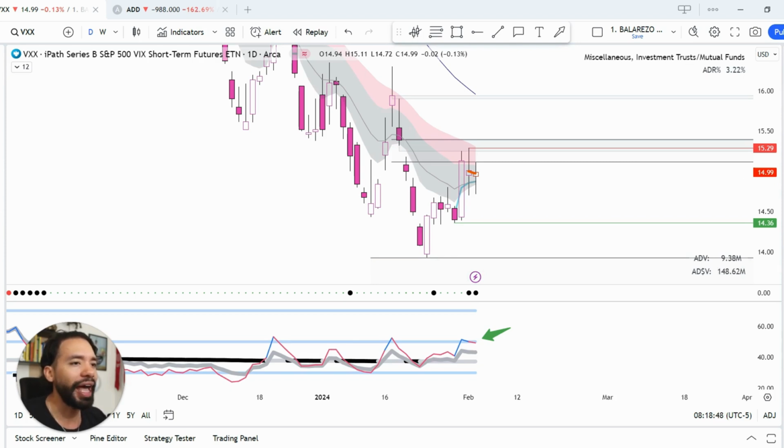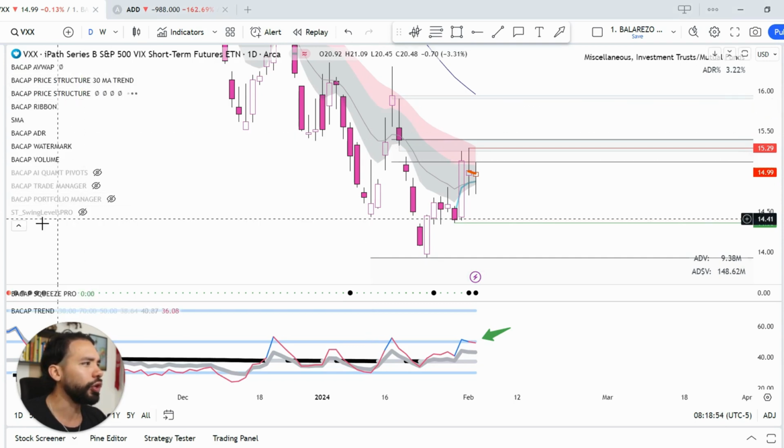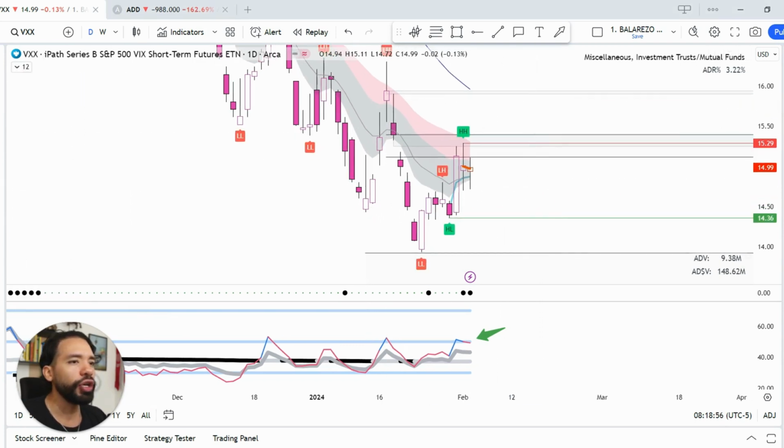So basically what's happening here is, if we jump into the structure indicator, because it's going to be easier to see it that way, you can see right now that the VIX is already changing the structure in price, which is the first step of a possible warning that we're going to see a spike in volatility. So you can see right here that we were just making lower highs, lower lows.